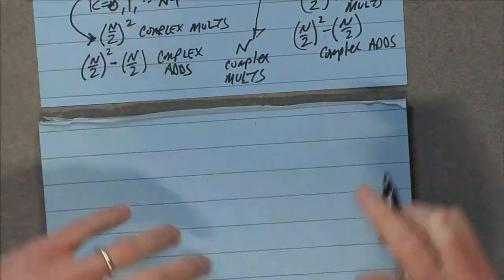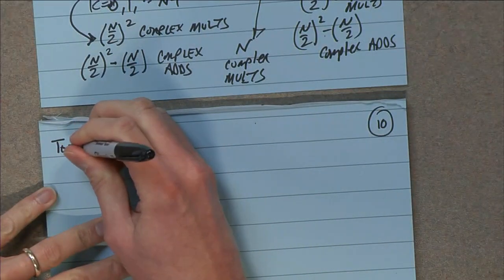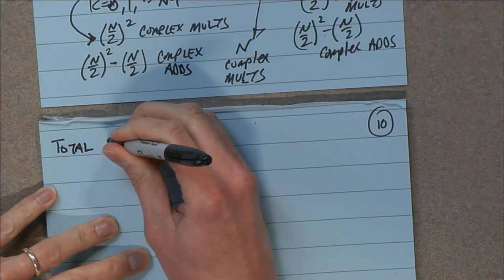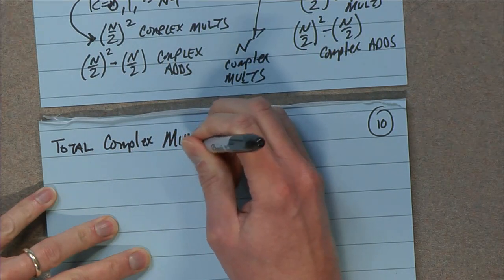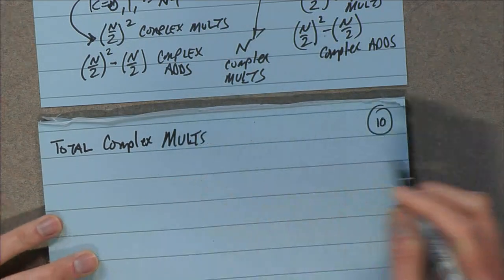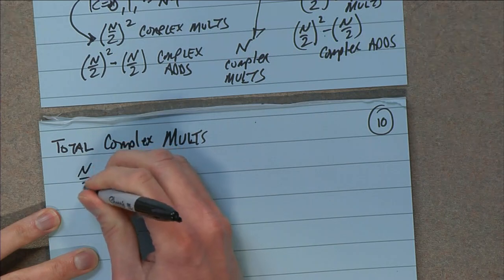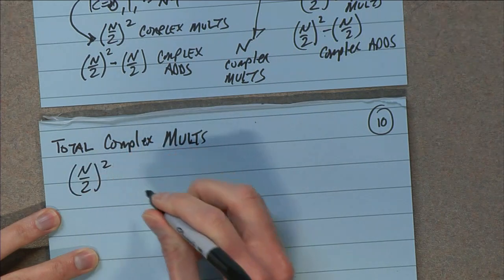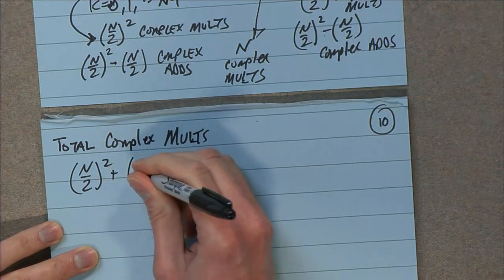So let's add up the bill for all this. So the total complex multiplies. For g of k, we've got n over 2 squared, but then we've got h of k, which is the same, so we've got to add that on.